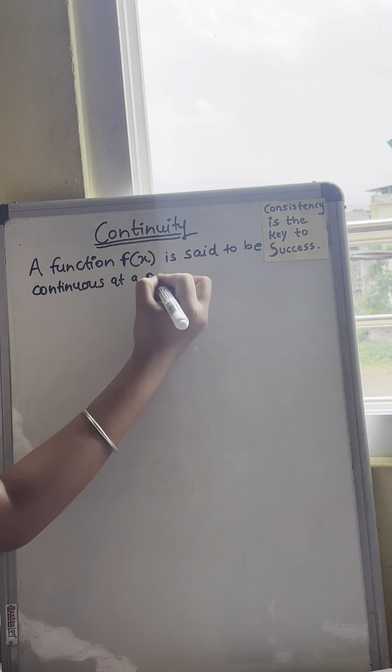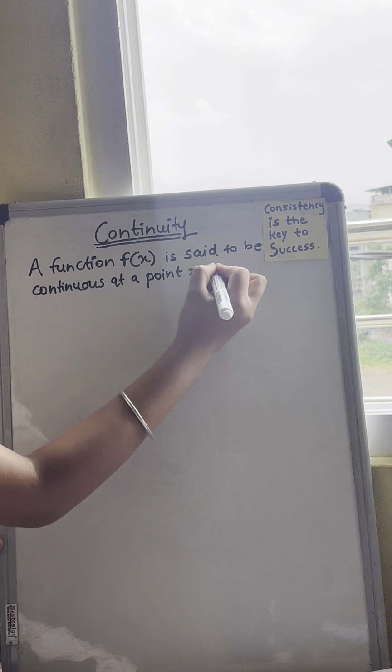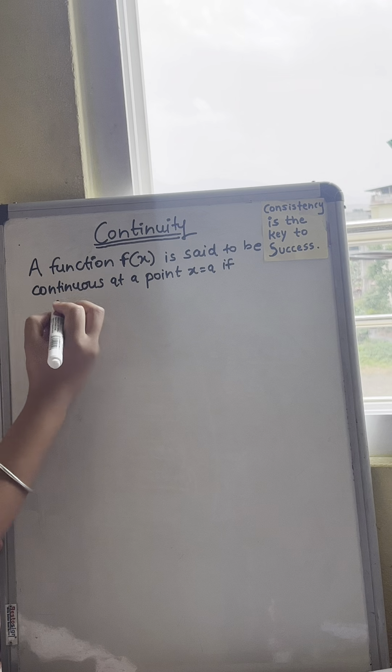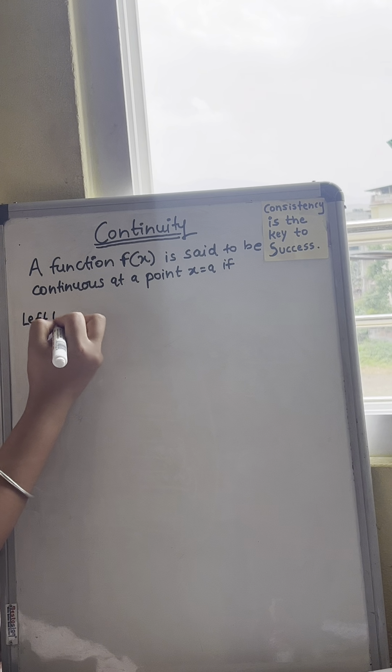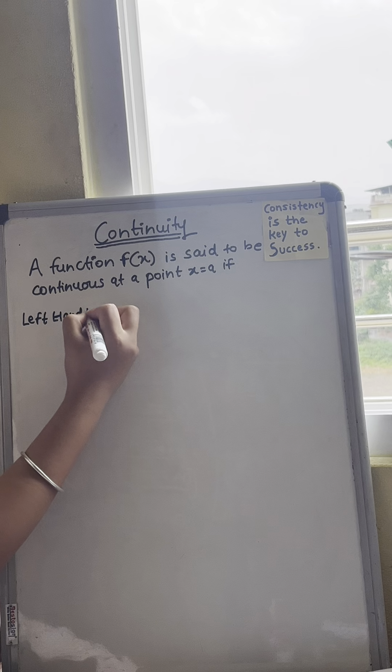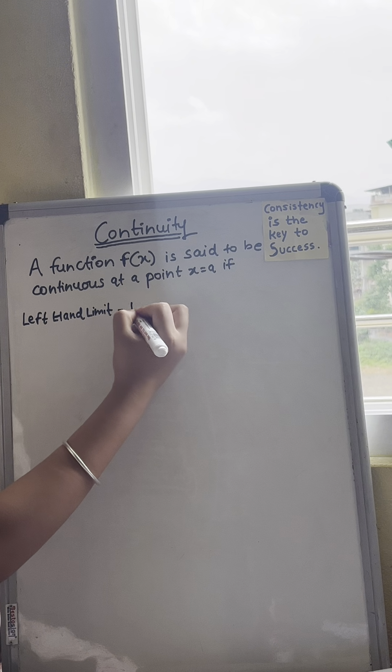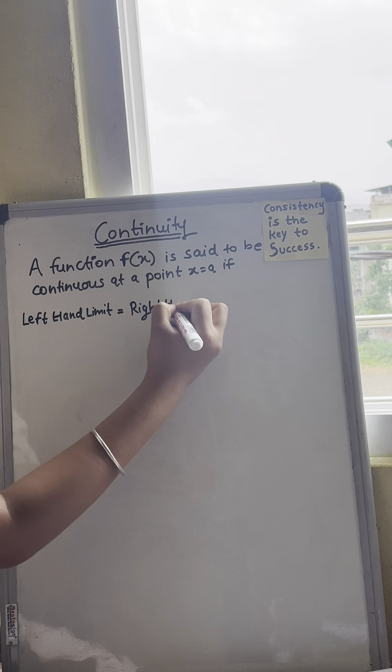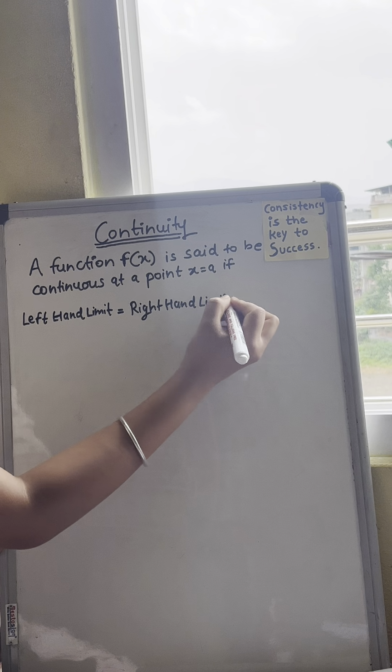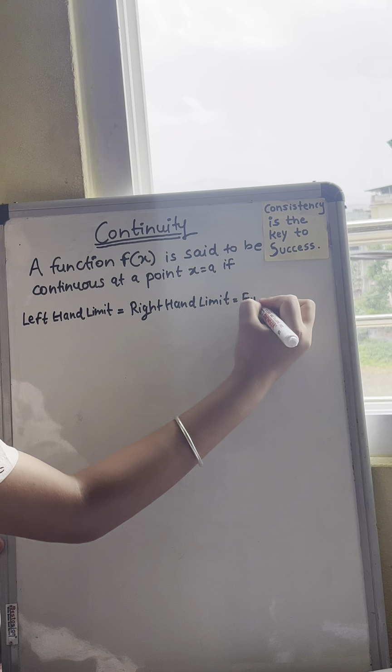Now we'll learn how to find the left hand limit, right hand limit, and also the functional value. Left hand limit is denoted by the less than sign. Right hand limit is denoted by the more than sign, and functional value is denoted by the equal to sign.